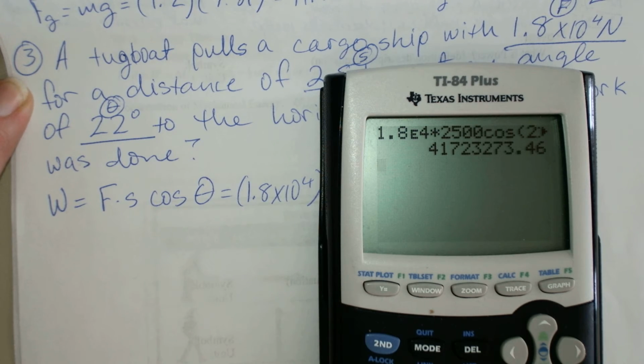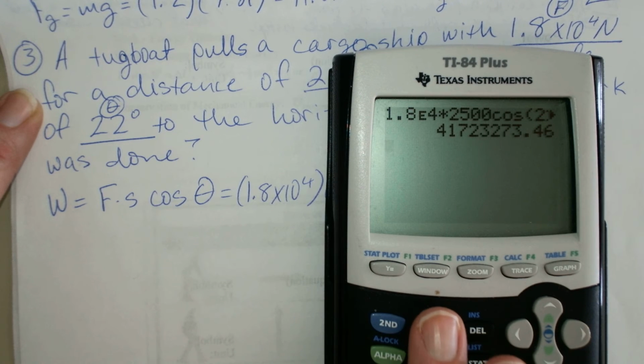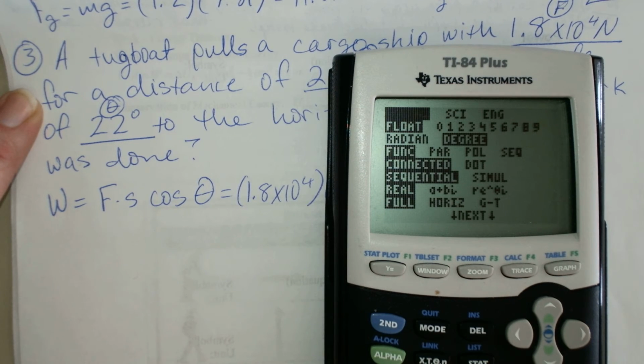And that is a big number. Some people don't like to deal with big numbers and put them in scientific notation. Your calculator actually will do it for you. So if you hit the mode button, you can go to sci and make it blink black over sci, and then quit.